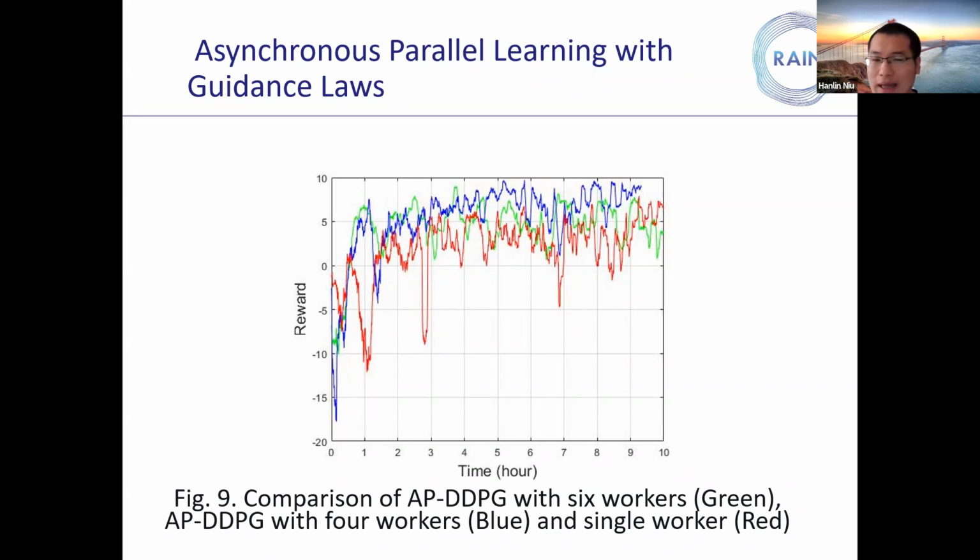But there's still something else I need to do, because for the green line, using the traditional algorithms, we can see that it increases faster than the 4 workers without traditional algorithms. But in the following stages, we can see that the 4 workers achieve a higher reward than even 6 workers.